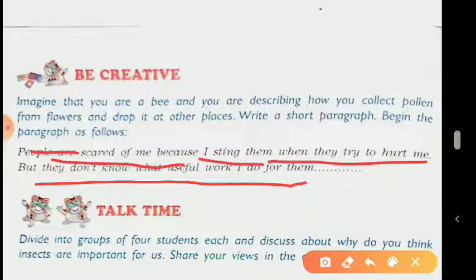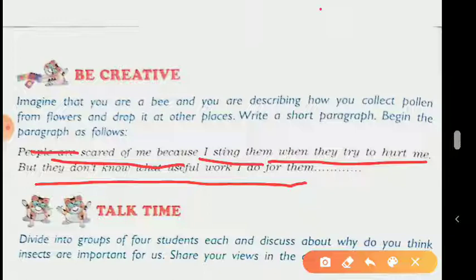When I sit on a flower to suck, S-U-C-K, suck, its sweet nectar, N-E-C-T-A-R, nectar, comma, the pollen stick on my feet and body.